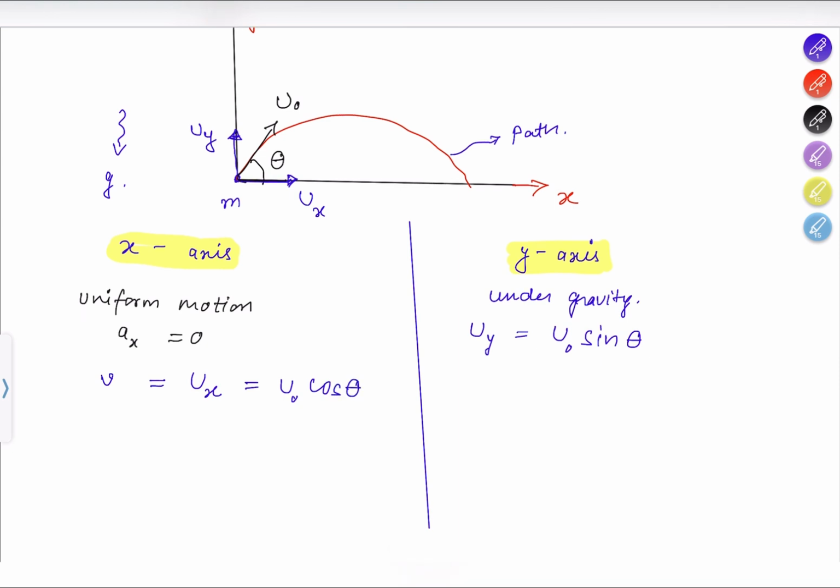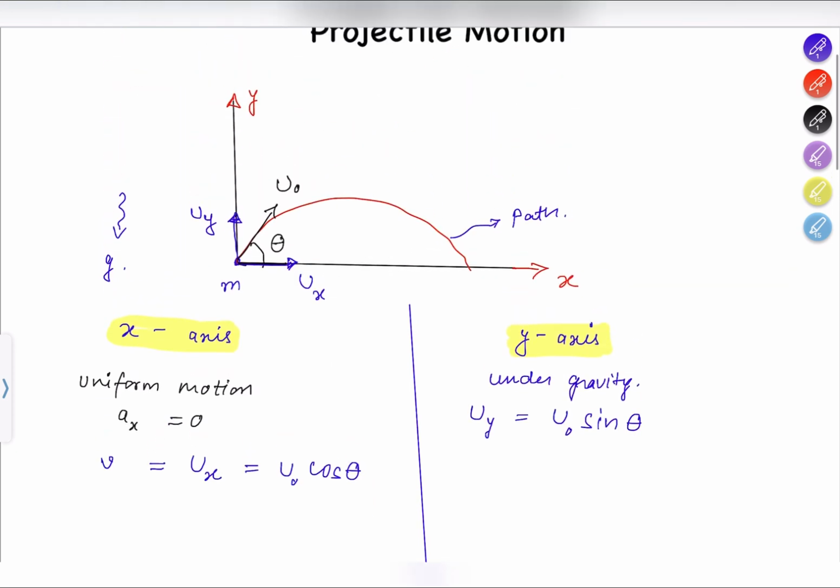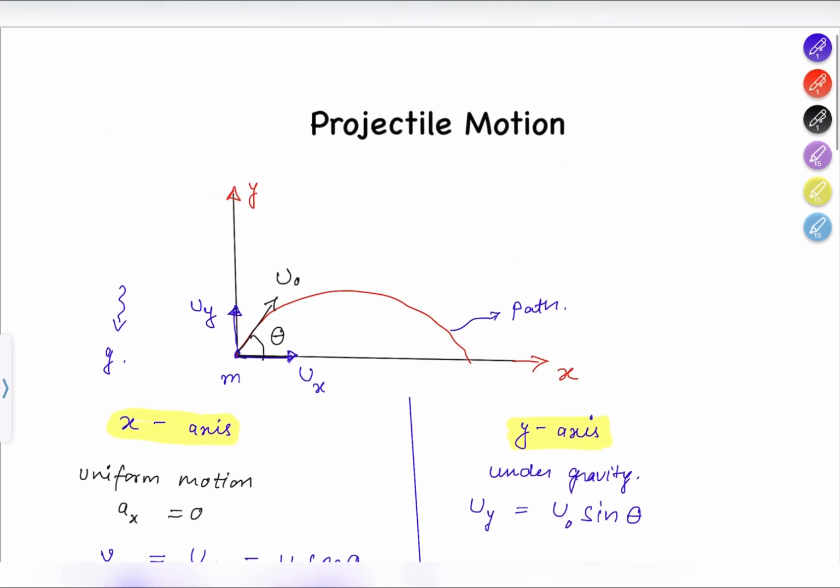So see some of the parameters that define the projectile motion. This value will be called the maximum height. Along the x-axis, from the initial to the final point, this will be called the range of the projectile. So range, and maximum height.